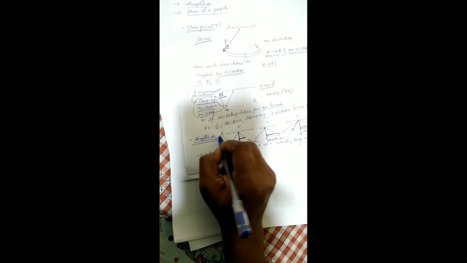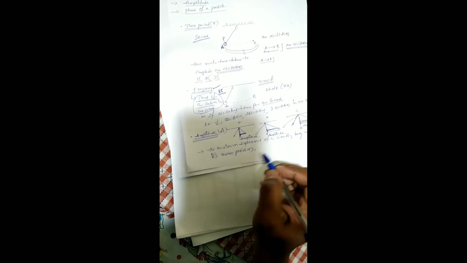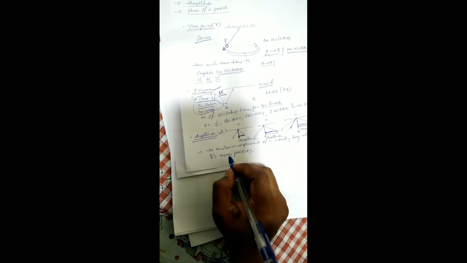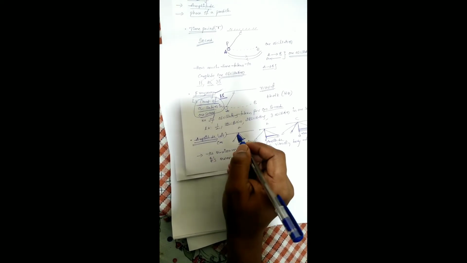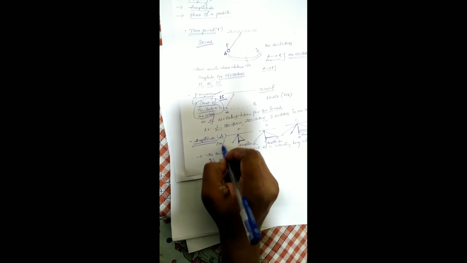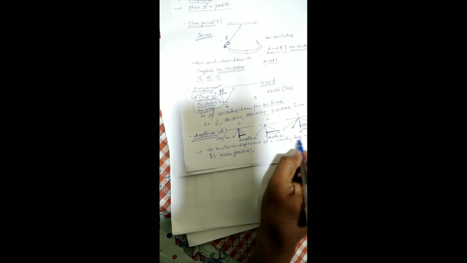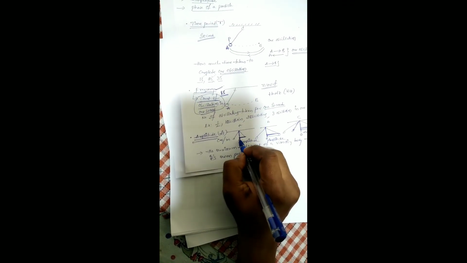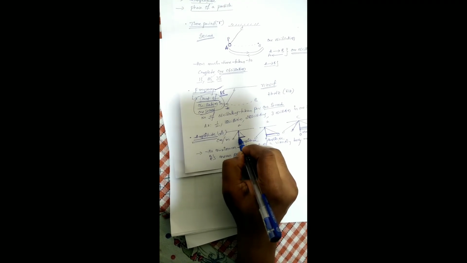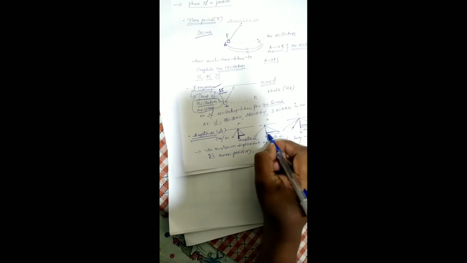Amplitude is letter A. You can measure it in centimeters or meters. It is the maximum displacement of a vibrating body from its mean position.